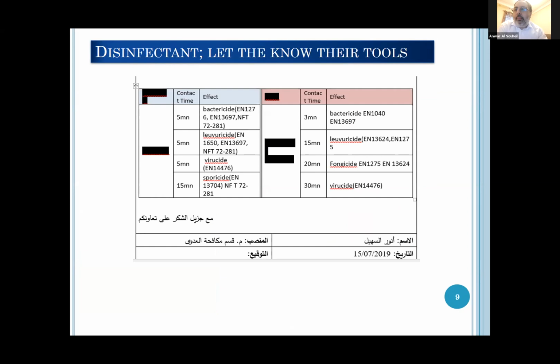Also, we let them know about disinfectant. The nurse must not act as if he is living in his own home. Disinfectant has a certain contact time. He must respect it. For example, when discharging an isolation patient, he must not just disinfect the room and say okay, it's ready for accepting another patient. There is a contact time.